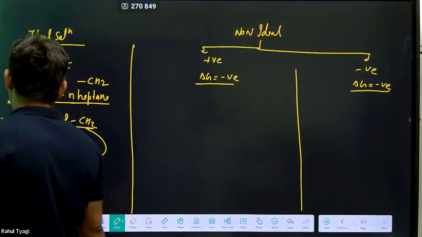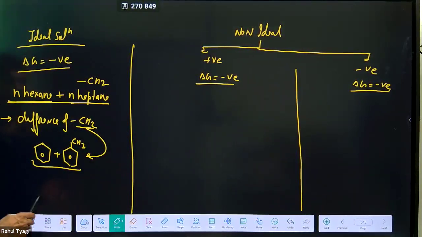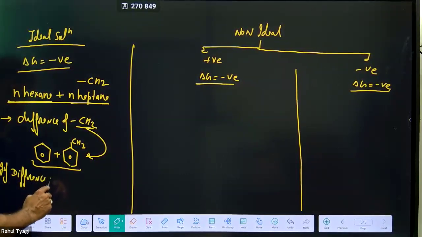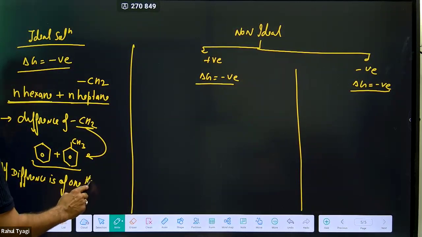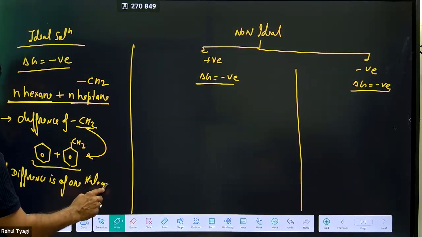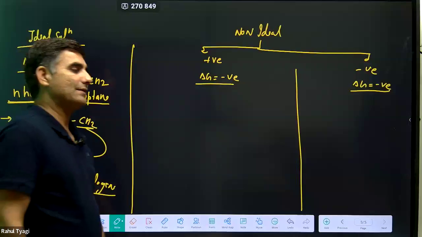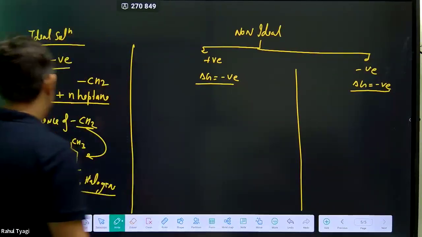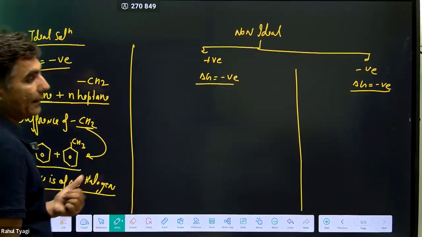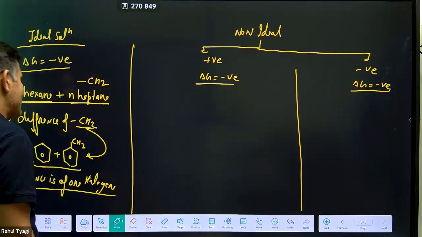Second point: if there is a difference of one halogen, अगर एक हेलोजन का डिफरेंस है तो भी ये एक आइडियल सॉल्यूशन बनाएगा. कैसे?